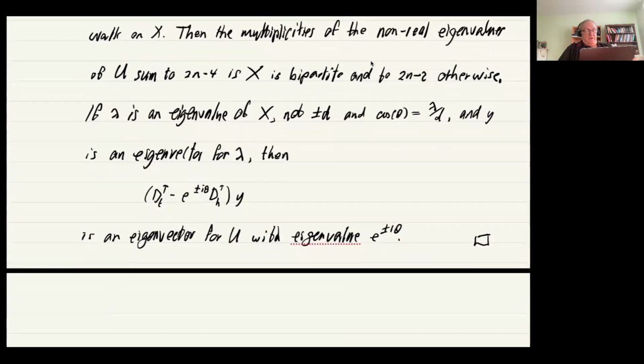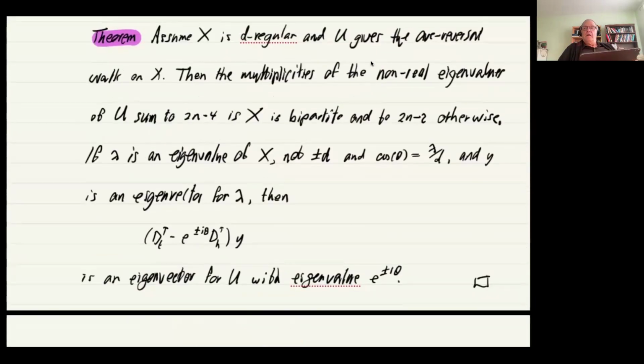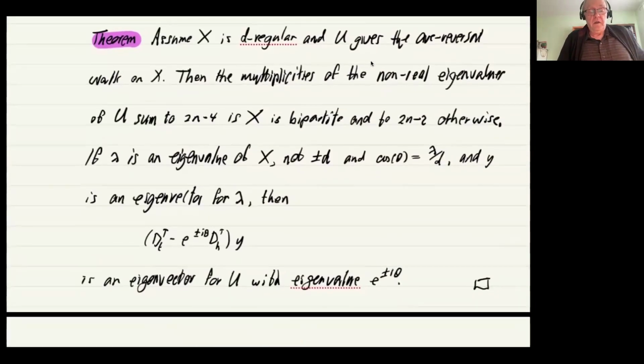And I chose not to drag you through that. What's the time? So I showed you we have the machinery to get the eigenvalues and eigenvectors of the transition matrix for the arc reversal walk.